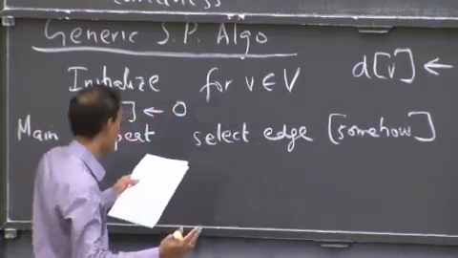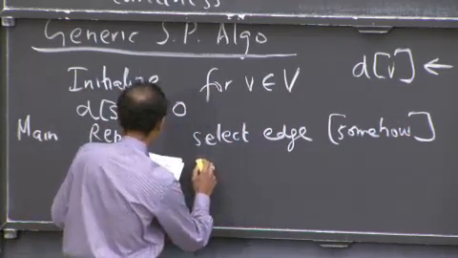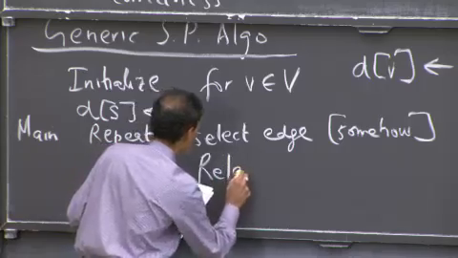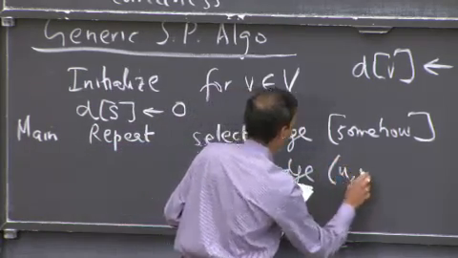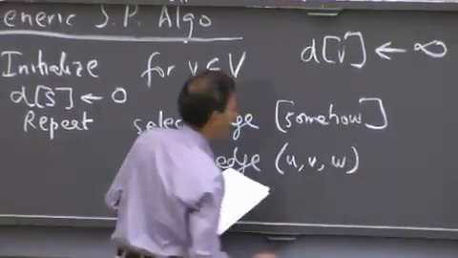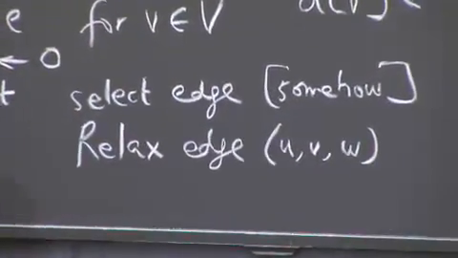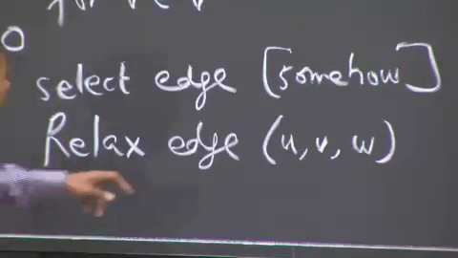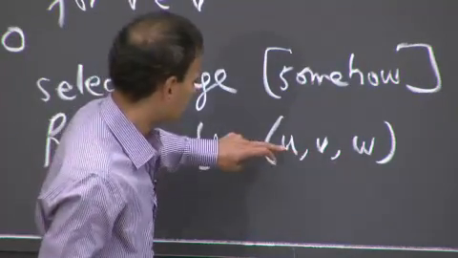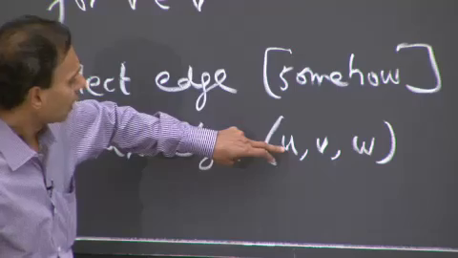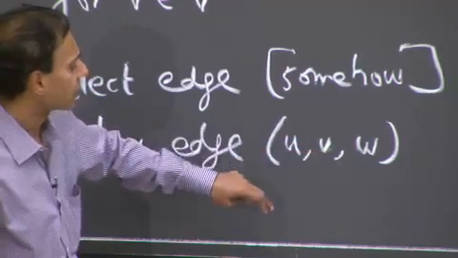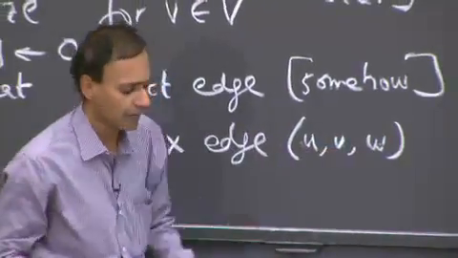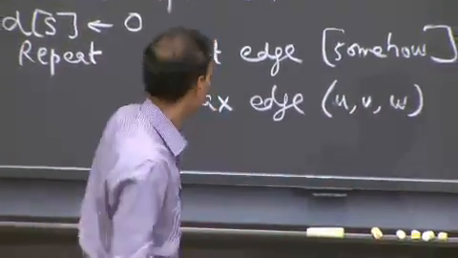But you have to select an edge somehow. And then we relax that edge, u, v, w. And you know about the relaxation step. I won't bother writing it out right now, but it's basically something where you look at the value of dv, and if dv is greater than du plus the weight, you relax the edge.